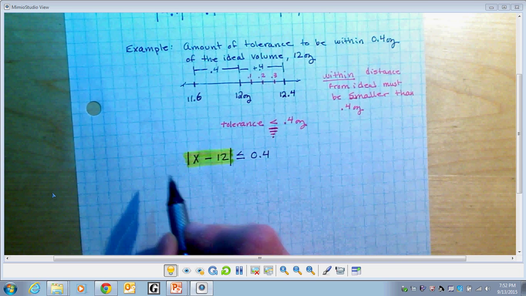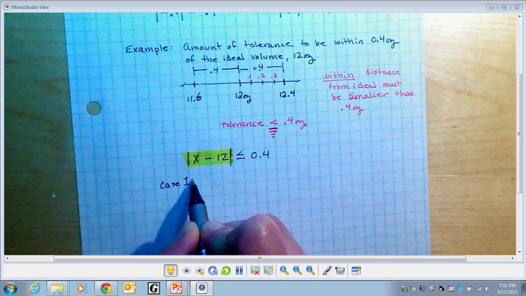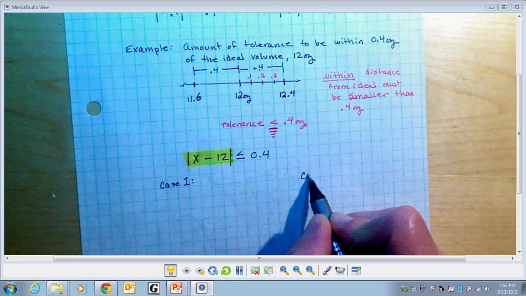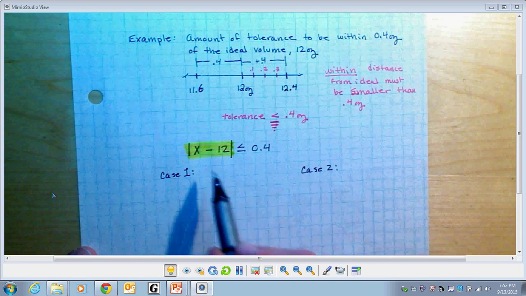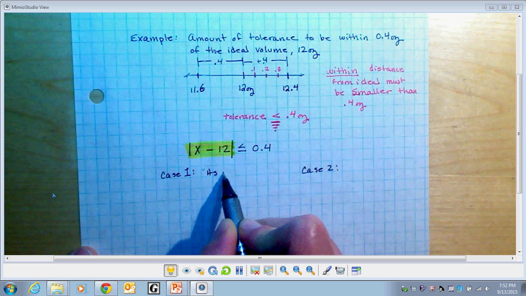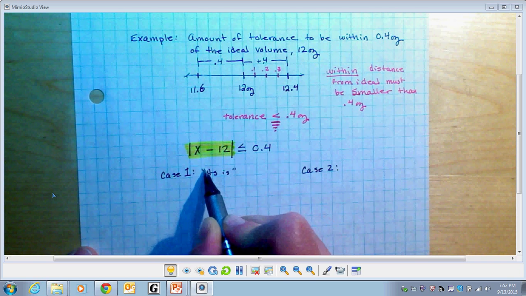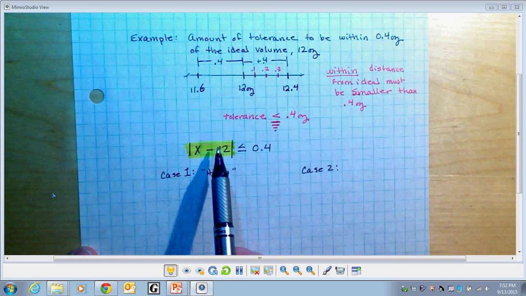So I'm going to have case 1, and I'm going to have case 2. So case 1, what's inside my absolute value, I'm just going to take it out and leave it exactly as is.